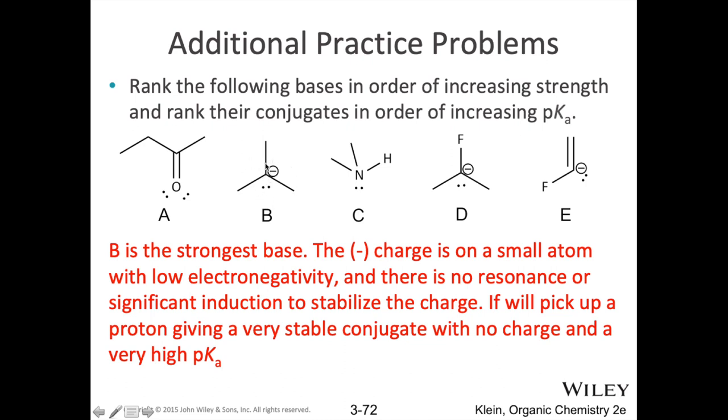So B is relatively unstable, and that makes it a stronger base. Because it's so unstable, it really wants to pick up a proton. Now, if you look at D and E, they have stabilizing effects that make them worse bases because they are better as they are.